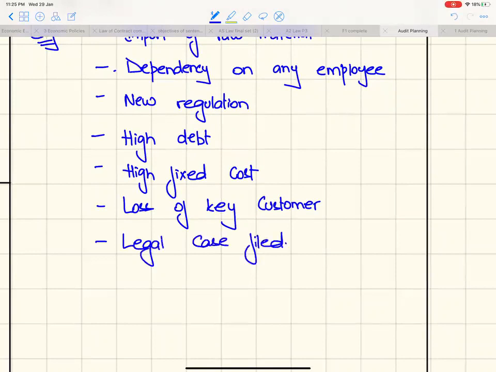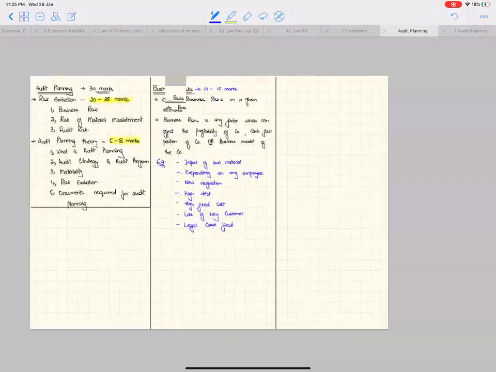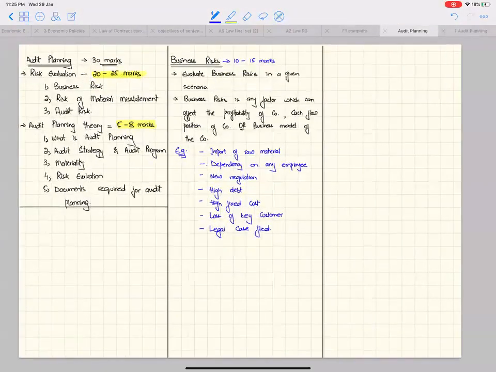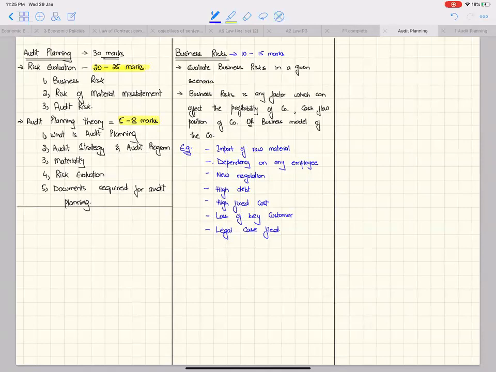So what you need to understand is that business risk is anything which can affect my profitability, my cash flows, or the liquidity position of the company, or in other words, which is harmful for my business. Any situation or circumstance which can be harmful for my profits, or for my business in the long term.